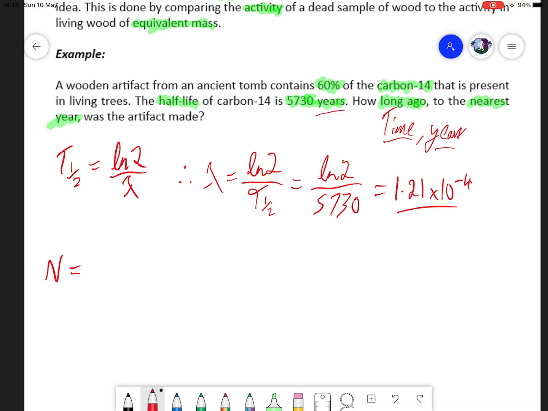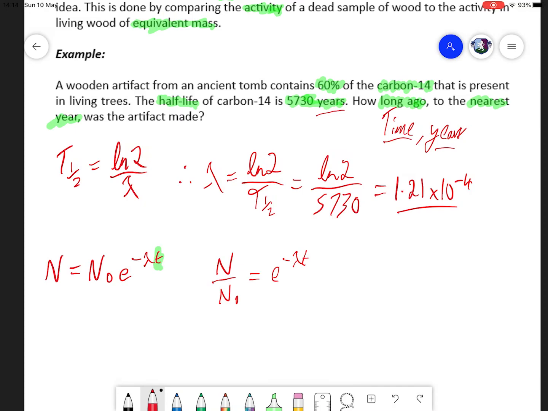Now, our main equation is N equals N naught e to the minus lambda t, with t being our target. Now, this equation's a bit tricky here because we don't actually have a value for N, but we do have a percentage to represent the change. So if we consider the original number as 100%, we can use 60% as our remaining amount.